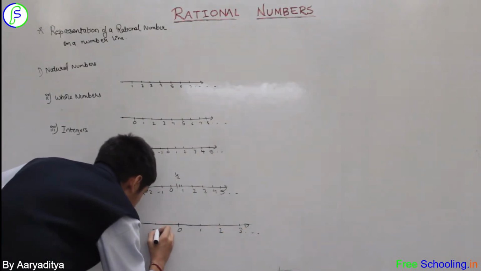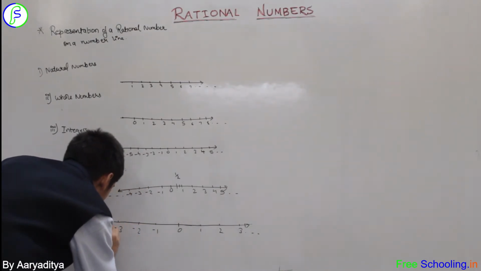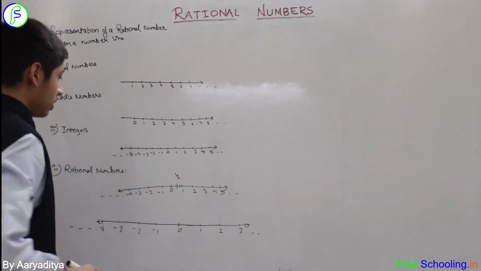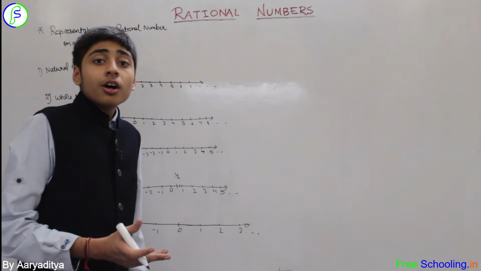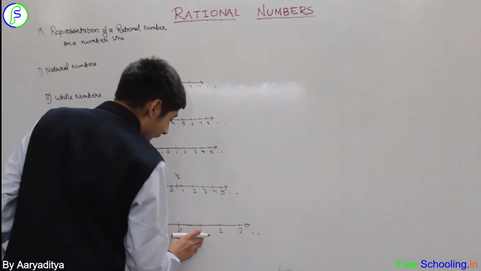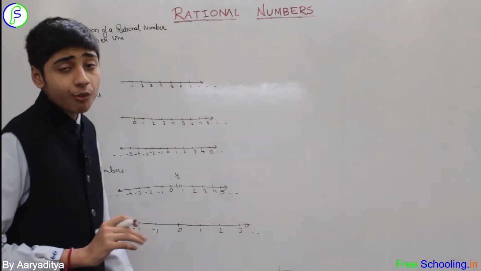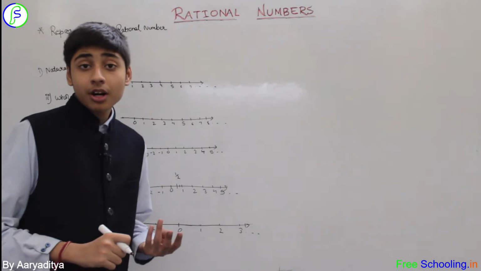Similarly, out here I have -1, -2, -3, -4, and so on. If I need to represent 1/4 on the number line, first we need to divide the gap between the two numbers into 4 equal parts, that are 1/4, 2/4, 3/4, and 4/4.